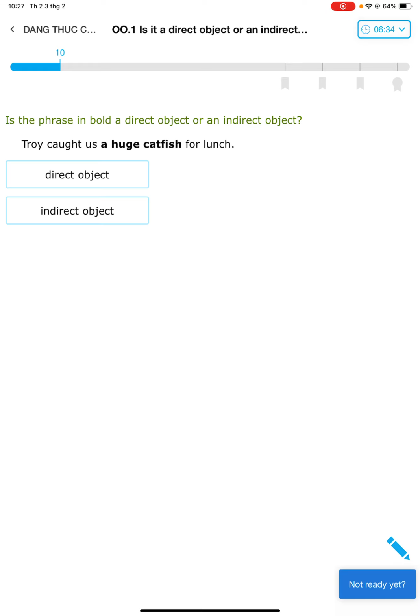Since it is what Troy caught, it is a direct object. Plus, it is not standing in between the verb and a direct object, because it is itself the direct object.